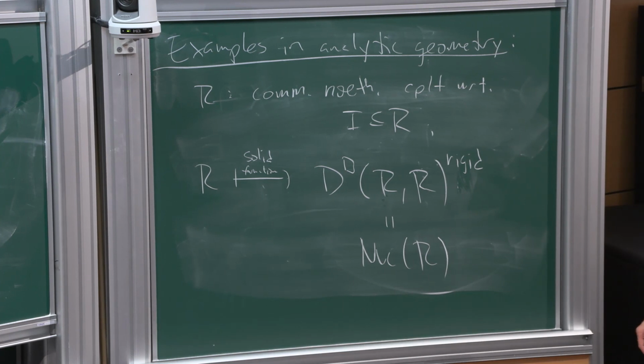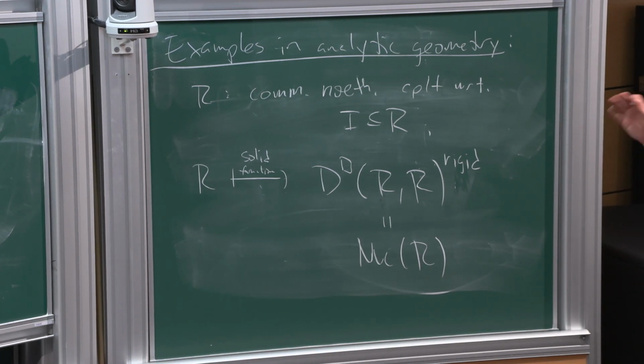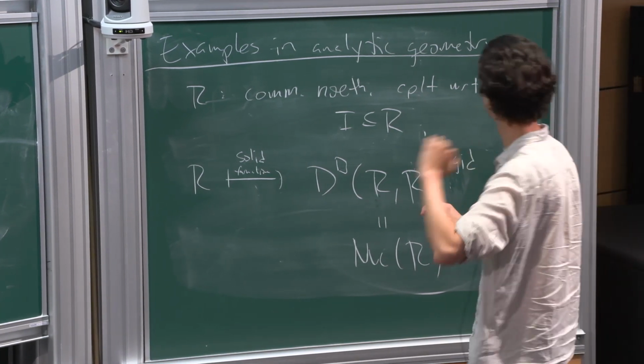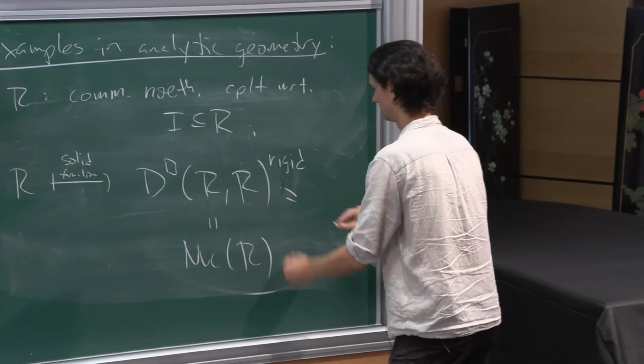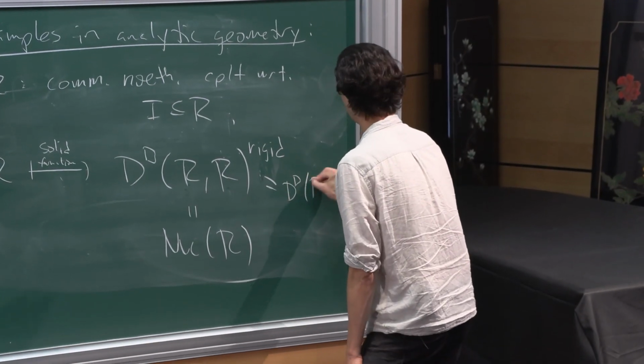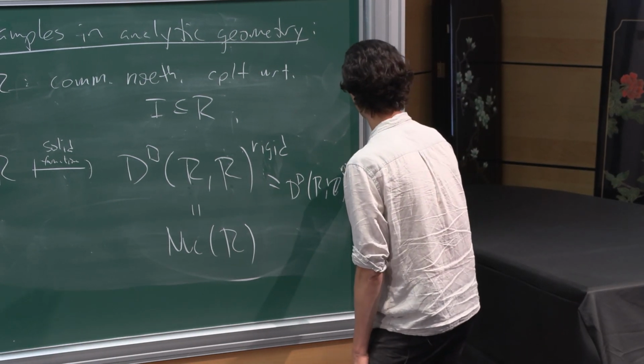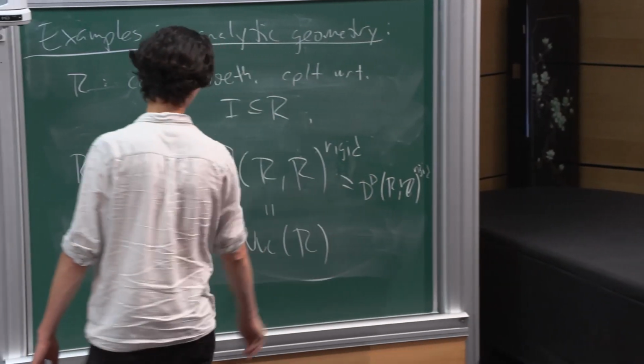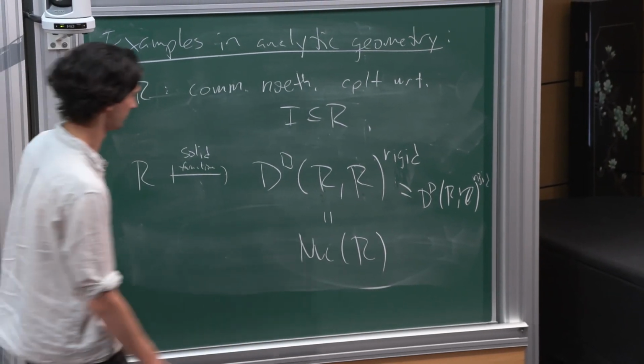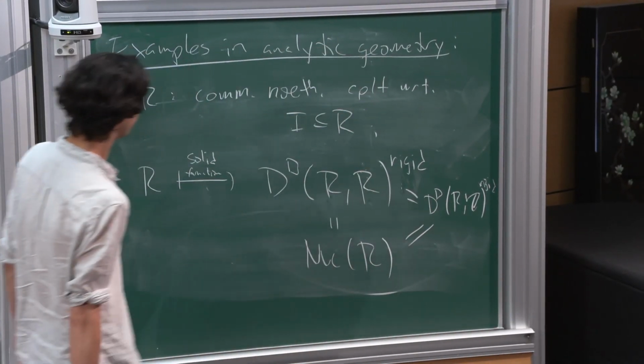Another feature of this rigidification is that it destroys some subtleties. One of the subtleties it destroys is the dependence on the second coordinate, there's some kind of subtle business there, but it doesn't matter for the purposes of this nuclear category.